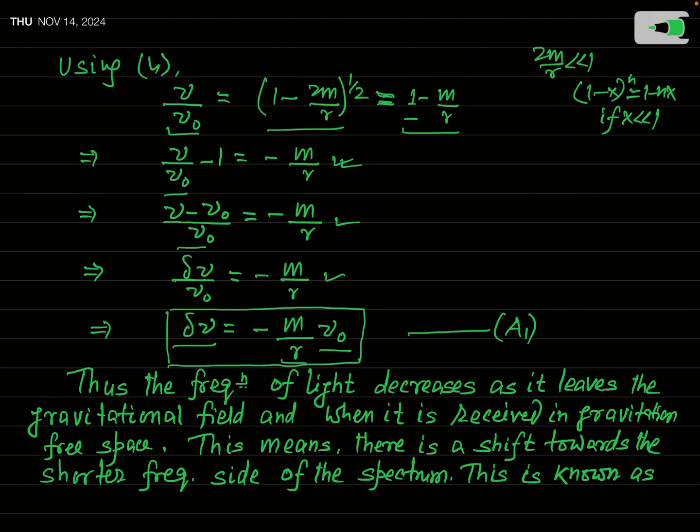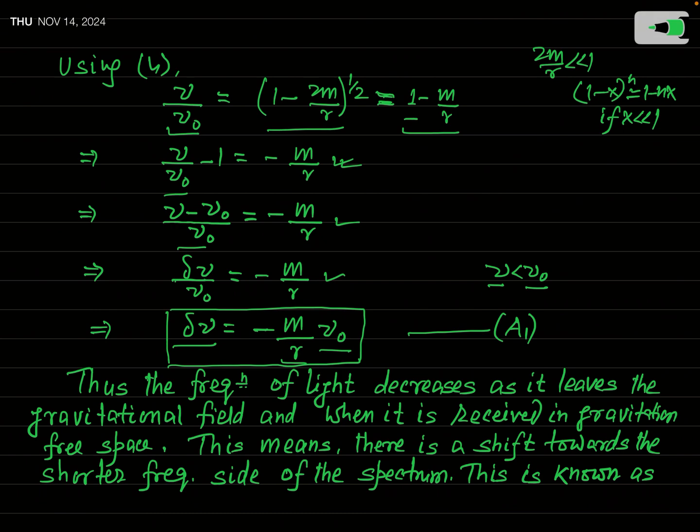You can see here there is a minus sign in this expression. This negative sign implies that this nu is less than nu naught. It means the observed frequency will be smaller than the actual frequency. And you know, in the electromagnetic spectrum, towards the red end of the spectrum, the frequency is smaller.